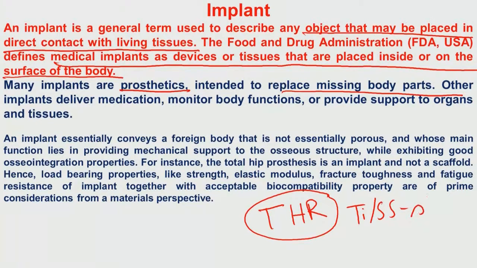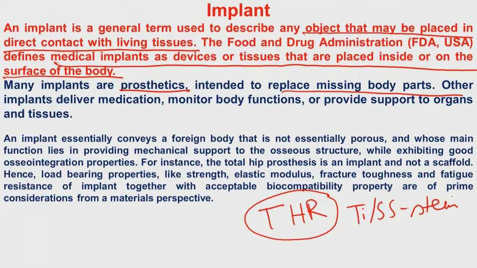You have a femoral head that is made of either steel or alumina, and you have an acetabular socket, again made of polymeric materials like ultrahigh molecular weight polyethylene. Now, all these 3 materials at the bulk level are not 3-dimensional porous structures like a scaffold, but THR is a very well known example of an implant.